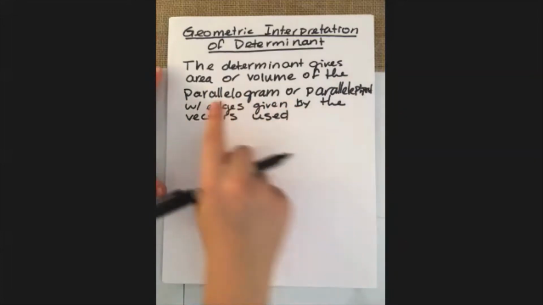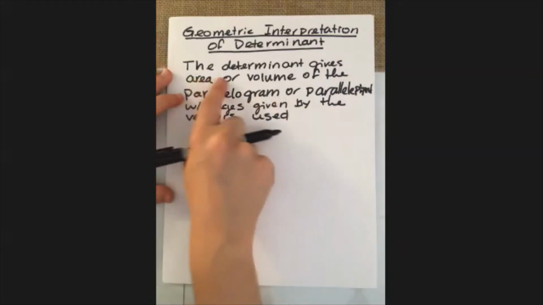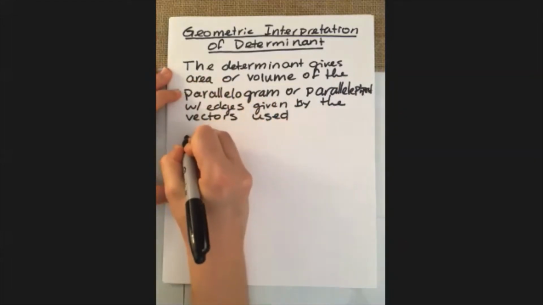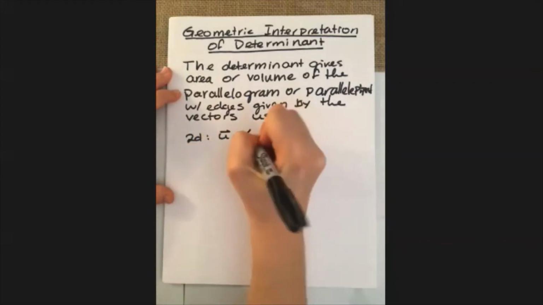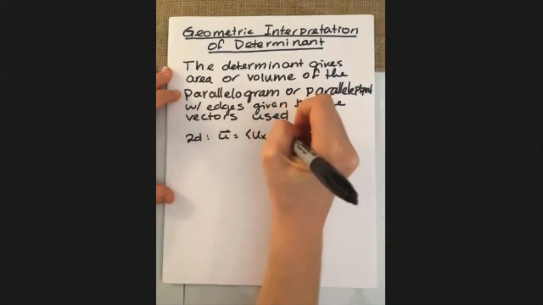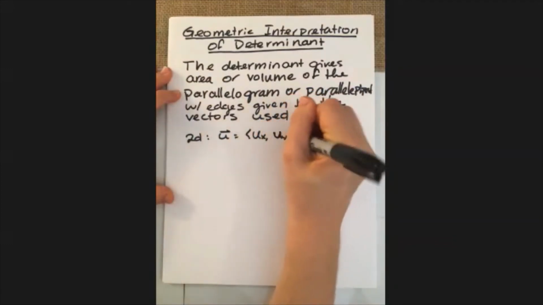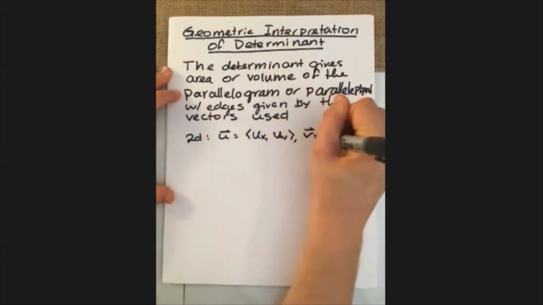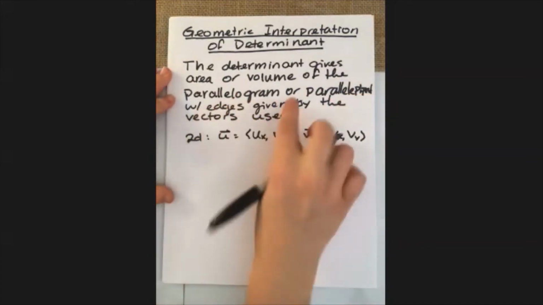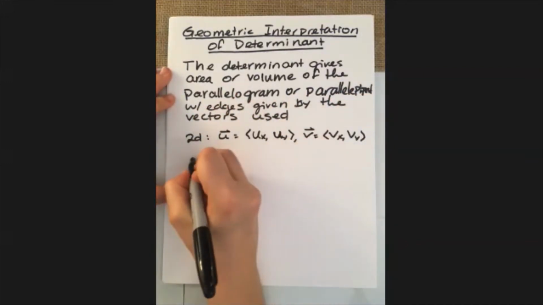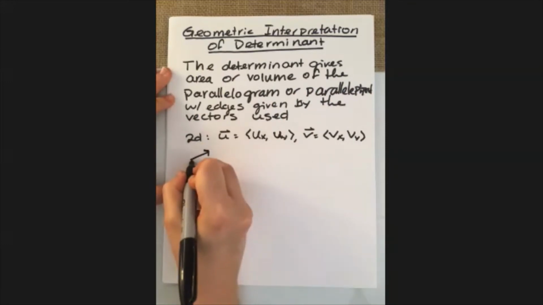When we're working in a 2D case, parallelogram, that's when we're going to talk about an area. So we're looking at 2D vectors, say u equal to (ux, uy) and v equal to (vx, vy). Then the parallelogram that is given by these two vectors might look something like this.